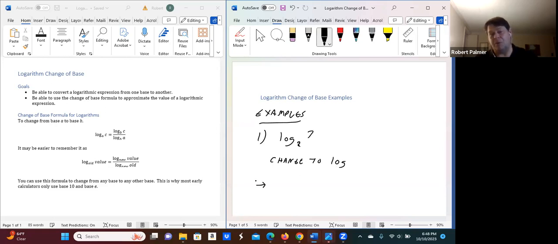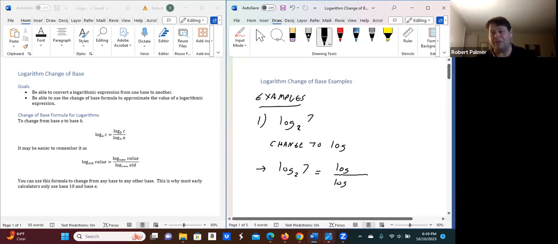Using our formula, let's rewrite our original expression, log base 2 of 7. Here's a way to think about it: we have log base 10 in both places. It's the log of the new base of the new value, which is 7, and we put the value up on top and the log of the base down here.